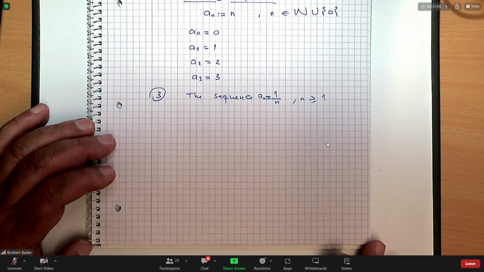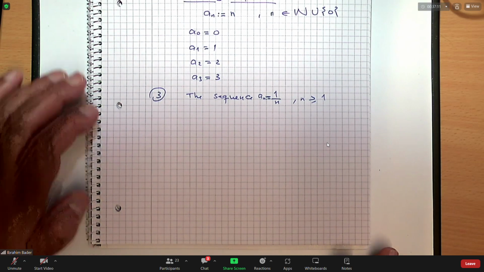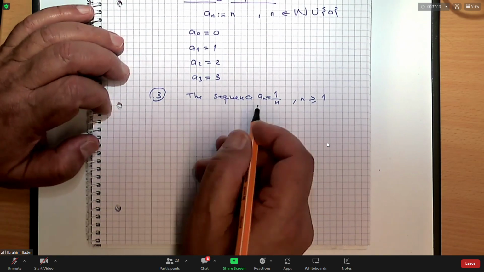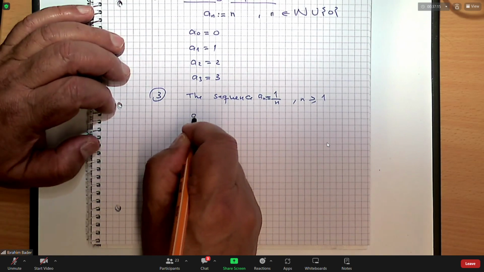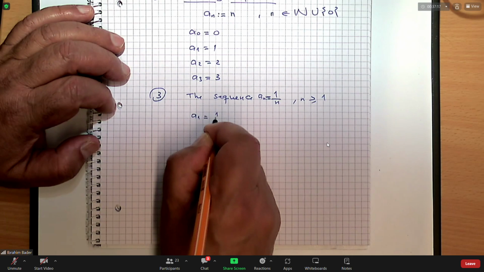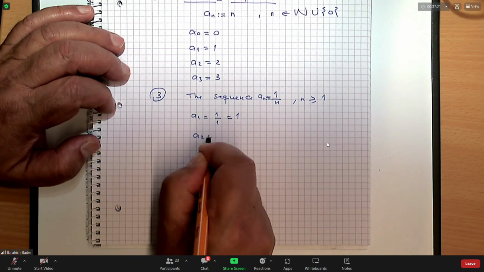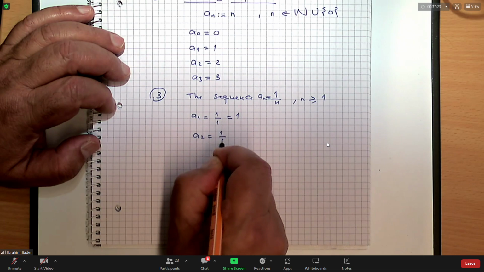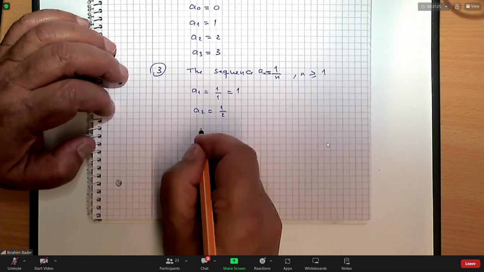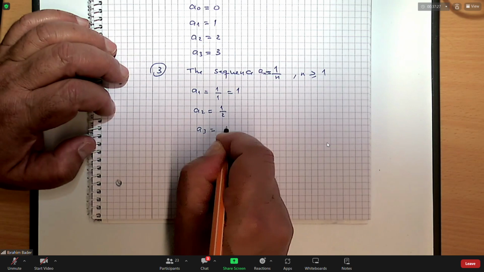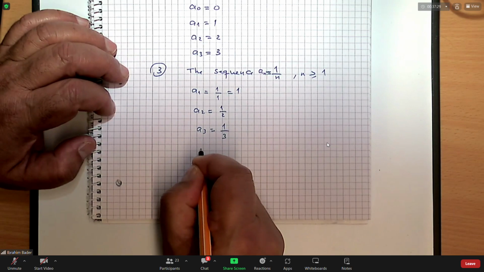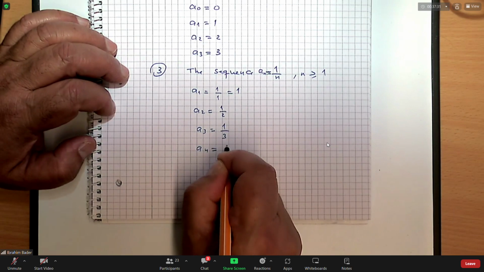You can say this is the reciprocal of the identity. Now a1 equals 1 over 1, which is 1. A2 equals 1 over 2. A3 equals 1 over 3. A4 equals 1 over 4.